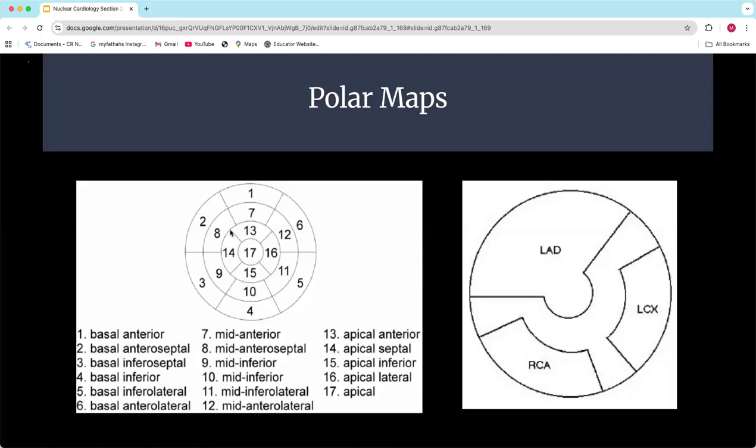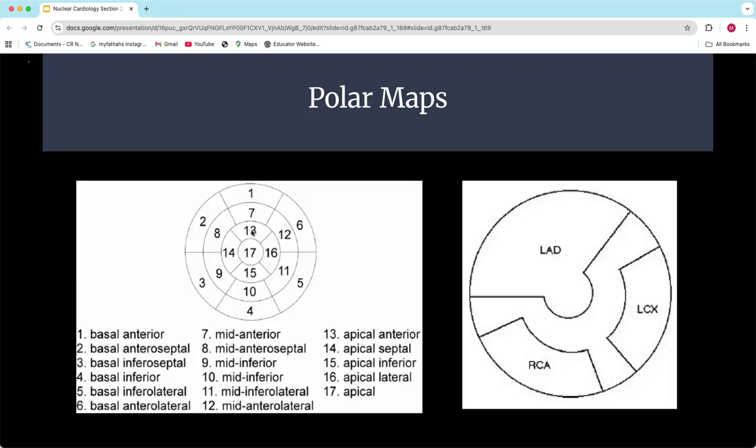So again, this is placed just like you would see on our other pictures, where you've got anterior here, inferior, lateral wall, septal wall, okay? If you look at these, for example, number 1 is called basal anterior because it's the anterior side of the heart toward the base.